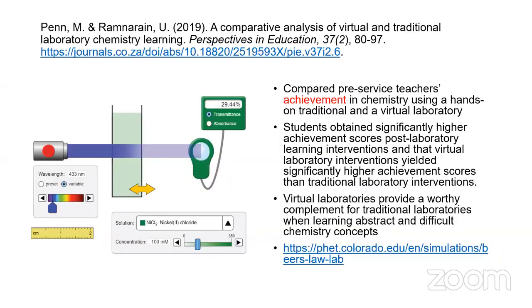We noticed for both groups, after engagement in the experiments, both the traditional and the virtual experiments, there was an improvement in their achievement, in the post-test scores. But for the virtual laboratory intervention, there was a significantly higher achievement score compared to the students who were in the traditional laboratory group. In other words, students who did the simulations performed better.